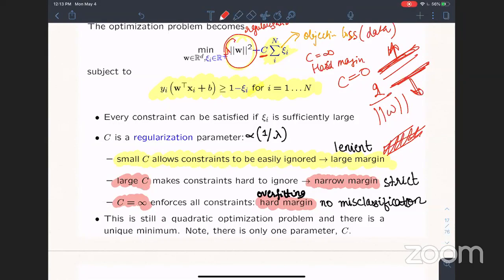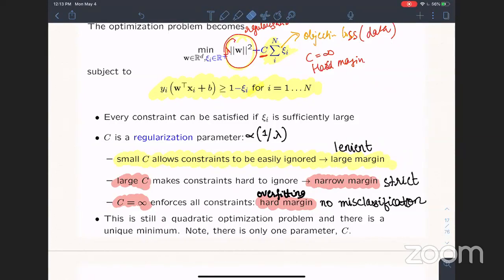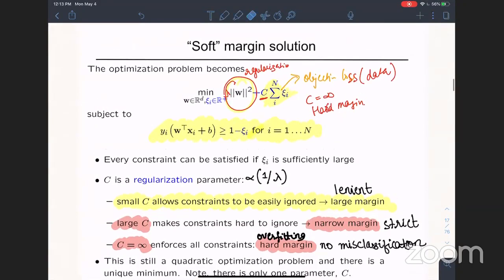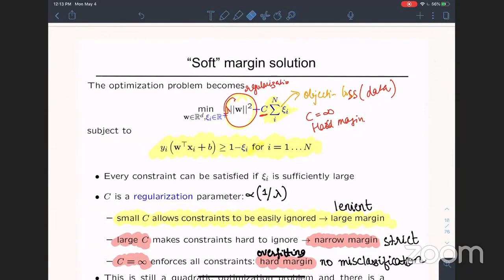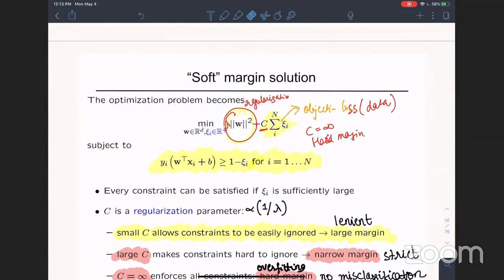Yes, Kasina. Yes, sir. In the same slide where we are saying yi multiplied by W transpose xi plus b is greater than or equal to 1 minus eta I, essentially, aren't we shifting our borders to the point 1 minus eta I and minus of 1 minus eta I in both directions?